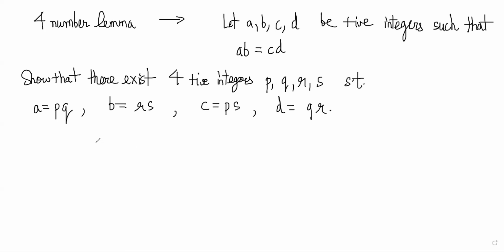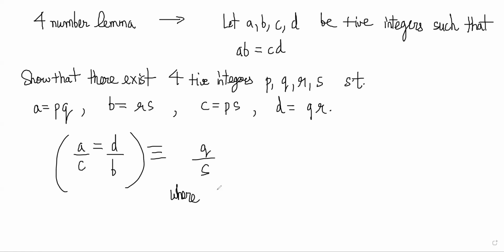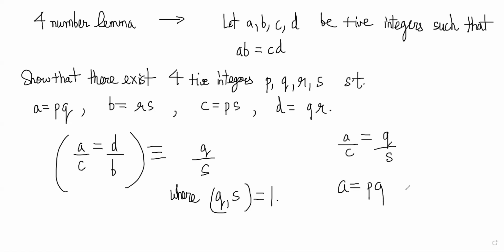We can say AB is equal to CD means A over C is equal to D over B. And let's say that these two fractions are equal to some fraction Q over S, in lowest terms, so GCD of Q and S is equal to 1, right? Then A over C is equal to Q over S, so A can be PQ and C can be PS, where P is some integer.